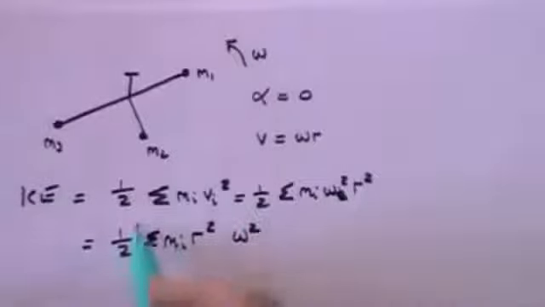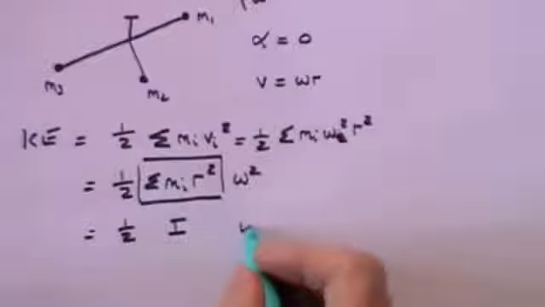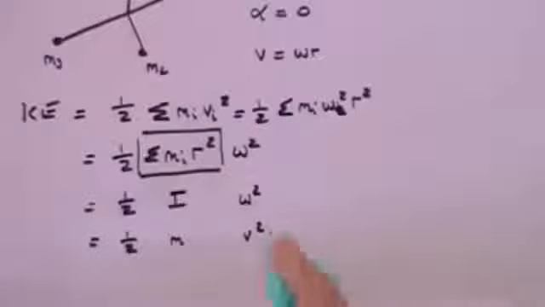And this term here, the sigma mi ri squared, I'm going to give a new name. I'm going to call that I. So now we've got that the kinetic energy is a half times I times omega squared. And if you look, that has a similarity to the normal form of kinetic energy that we speak about, half mv squared. The reason is that this term I has a kind of mass equivalence, just as omega, which is the angular velocity, is the rotational equivalent of linear velocity.